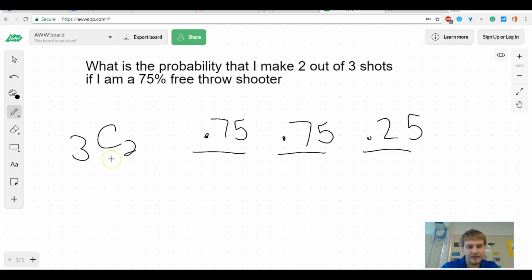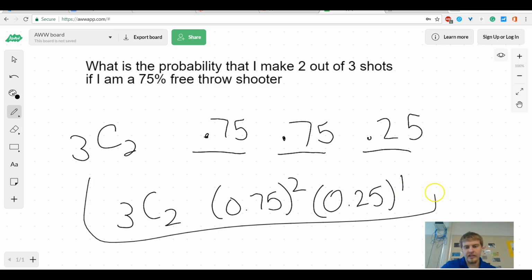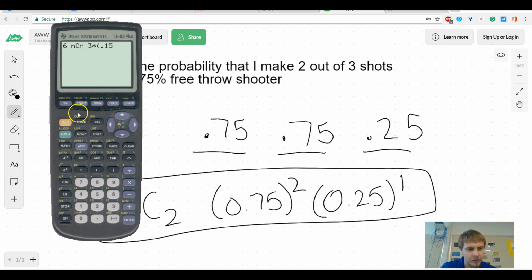We could also write this a little bit of a nicer way. Like this could be really written as 0.75 to the second power and 0.25 to the first. And normally this is how these things are written, just because it's easier to enter in. Let's enter this in the calculator and see what we get.